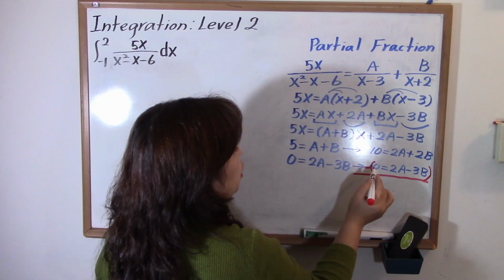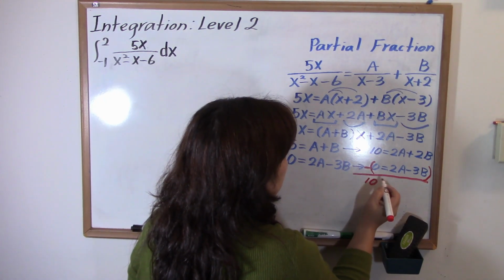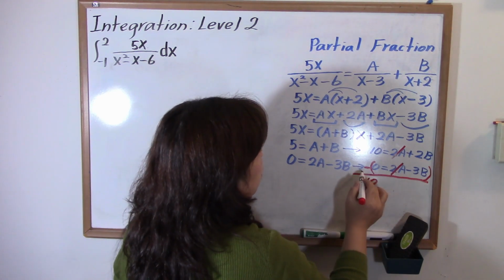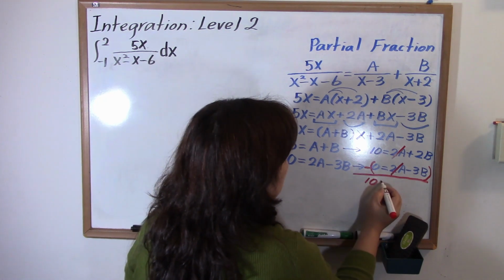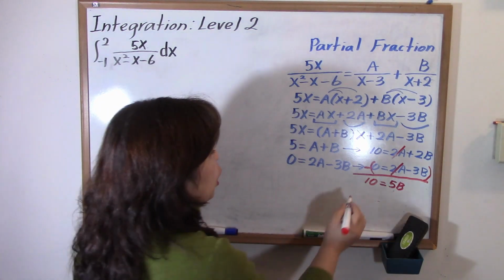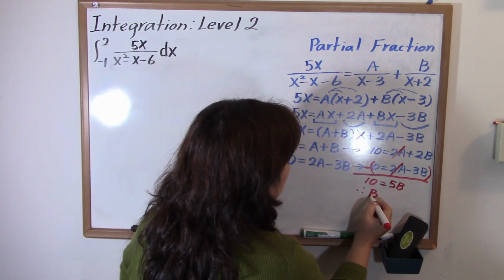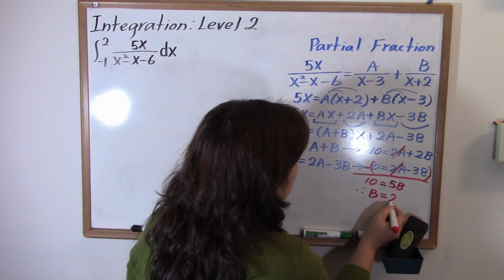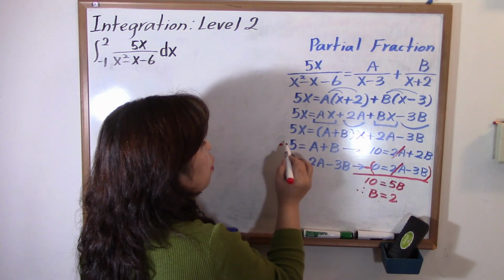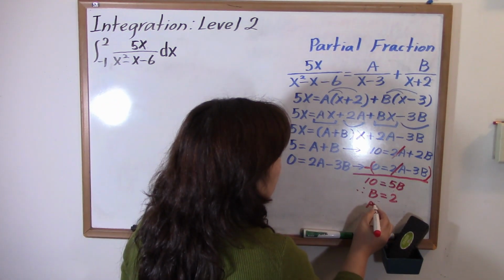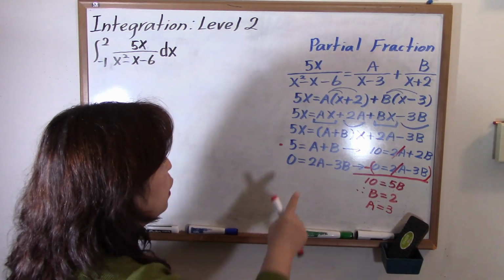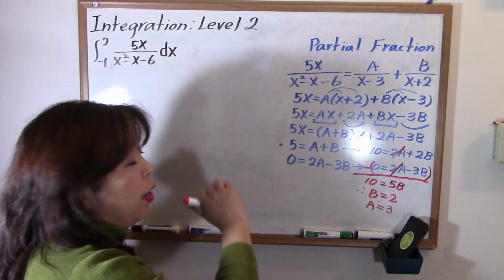So 10 minus 0 is 10. 2A minus 2A will be gone. 2B minus negative 3B is positive 5B. So that is why B is equal to 2. And from this equation, we can say A is equal to 3, because 3 plus 2 is 5.